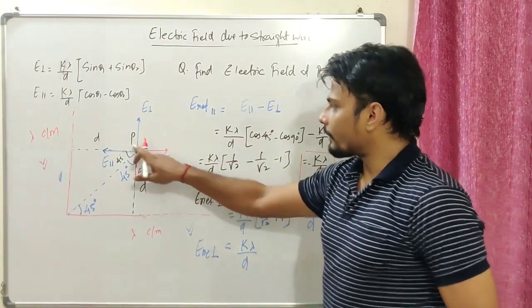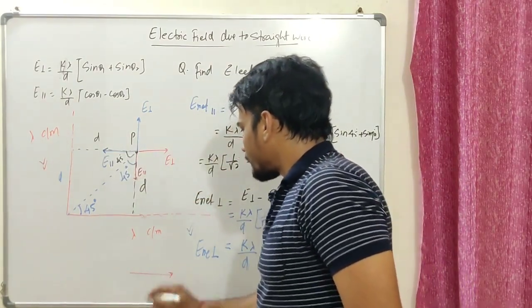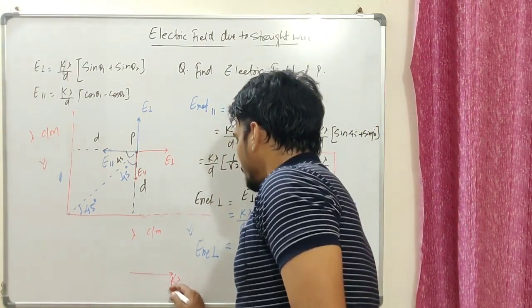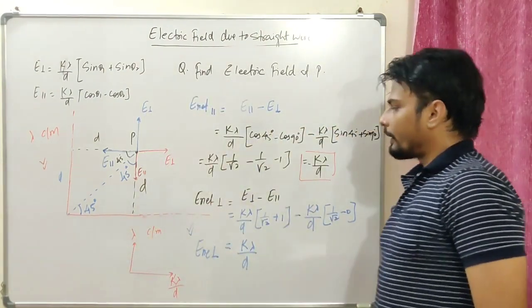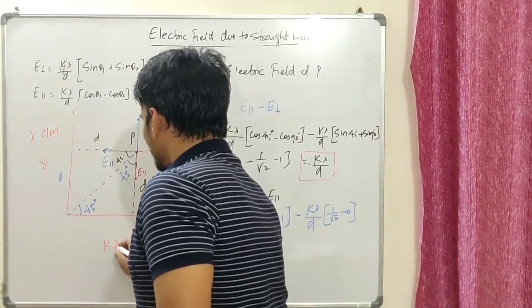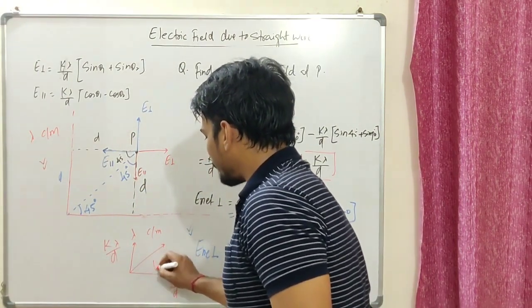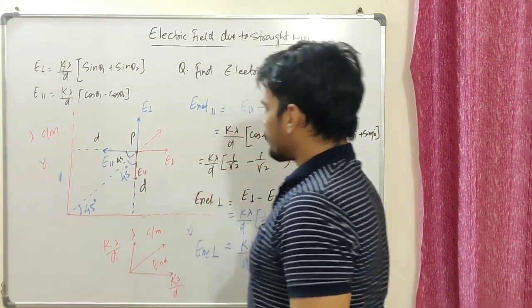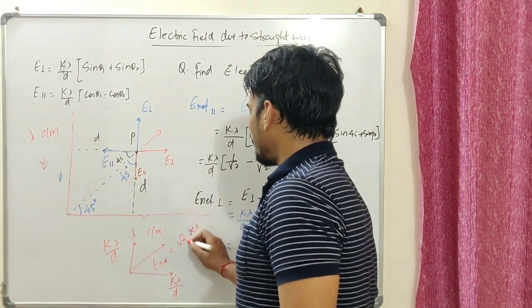It means the net electric field in the horizontal should have been in this direction, isn't it? That's K lambda by D, and this upside K lambda by D. So these are the electric fields. The net electric field E net at this particular point should be in this direction, and that should be root 2 times K lambda by D.